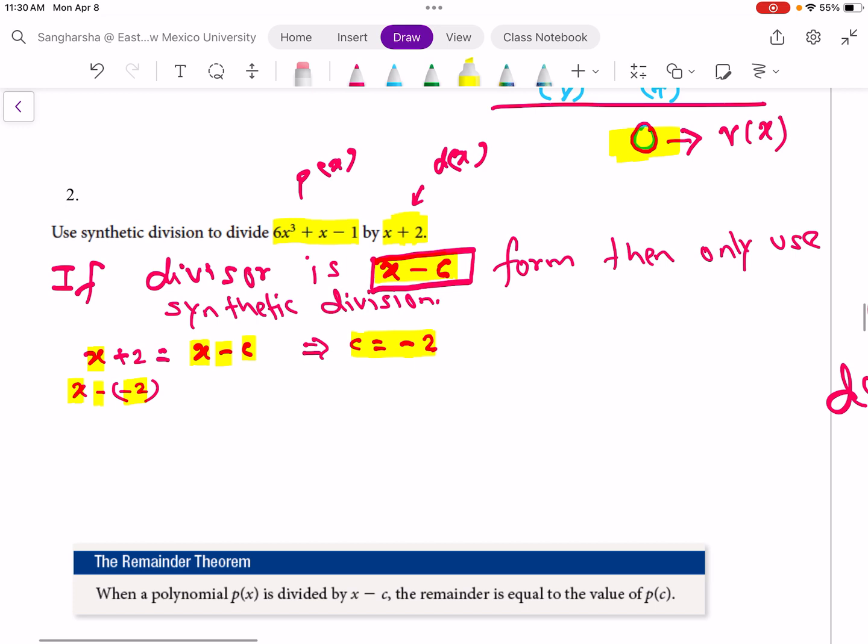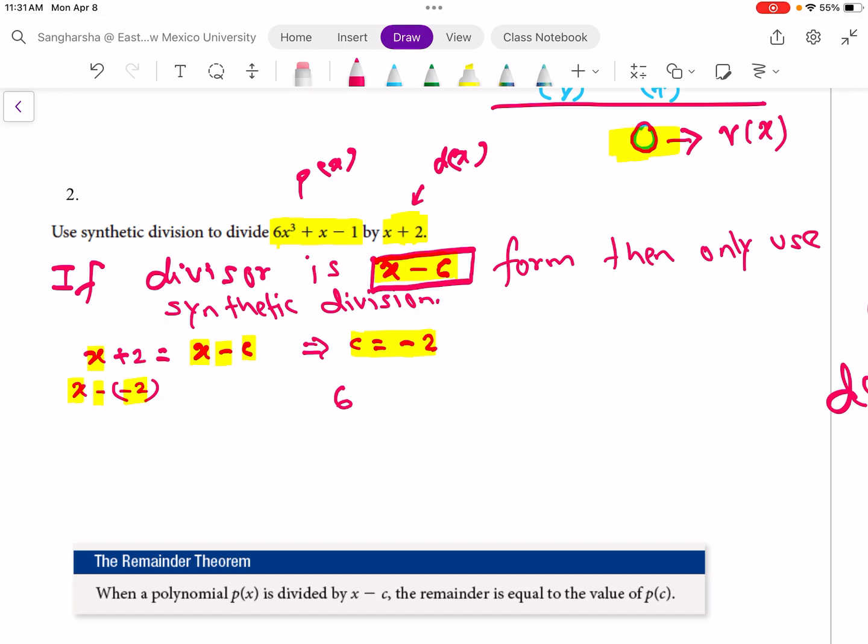Okay. Now next, we write down the coefficient of each term of the dividend. So this is the dividend, and we write down only the coefficient of each term. What is the coefficient of the x cubed term? 6. Now in descending order, after the x cubed term we get the x squared term.